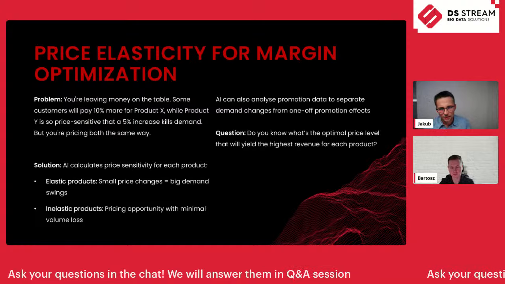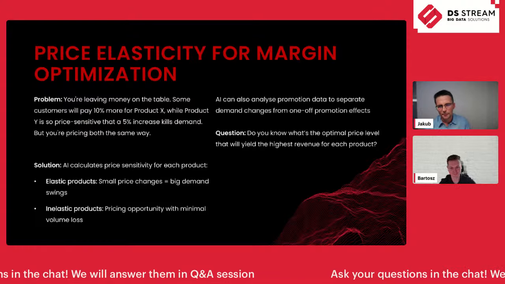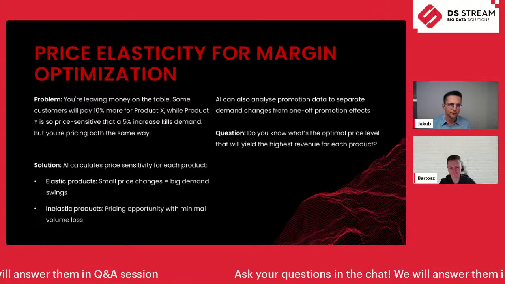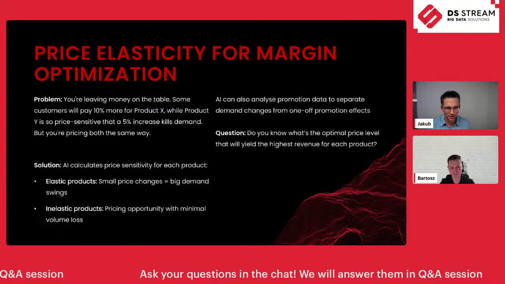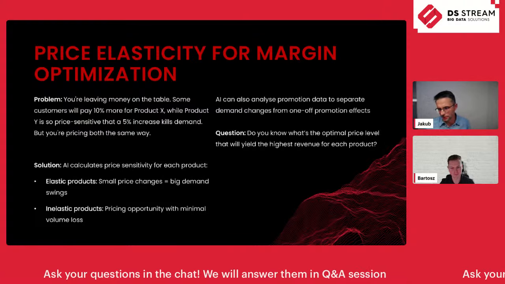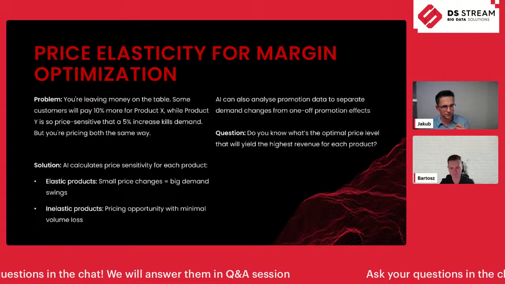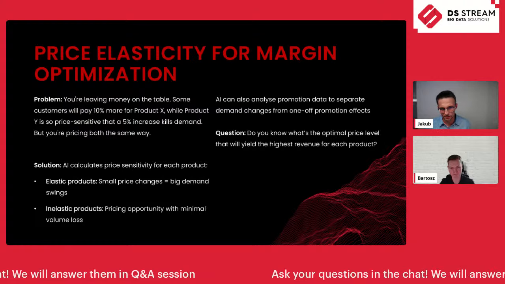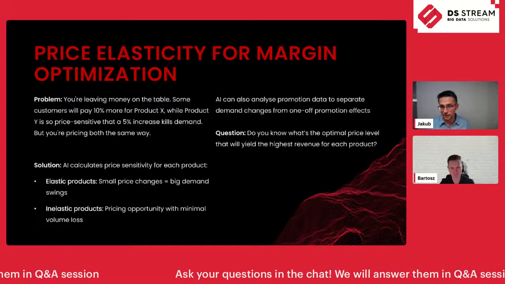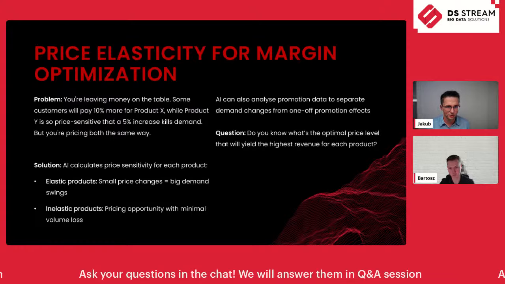Yeah, when we talk about price elasticity, we're really talking about how much money is being left on the table, right? Because some customers are happy to pay the 10% premium, while others are so price sensitive that even a 5% increase, as stated here, kills all the demand.